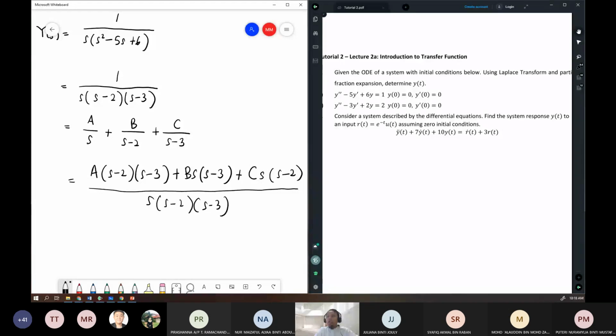And then after you write in terms of fractions, you can find the values of A, B, and C by substituting a suitable value of s. So usually we will substitute the value of s based on these factors in the denominator.